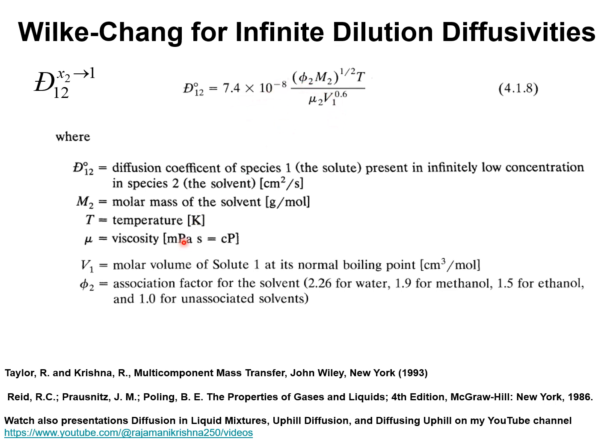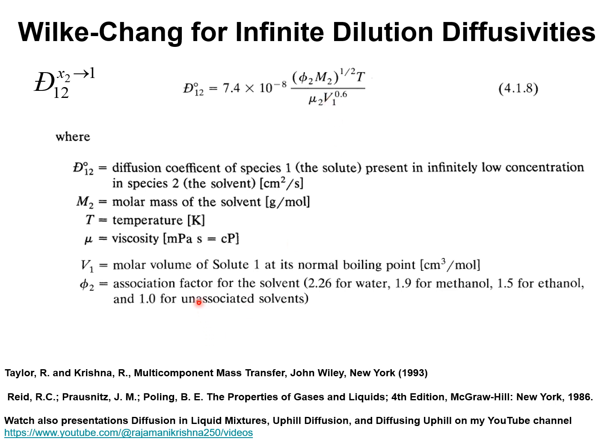Phi2 is the association factor for the solvent: 2.26 for water, 1.9 for methanol, 1.5 for ethanol, and 1 if the solvent is unassociated. M2 is the molar mass of the solvent in grams per mole. T is the temperature in Kelvin. Mu2 is the viscosity of the solvent in millipascal seconds.